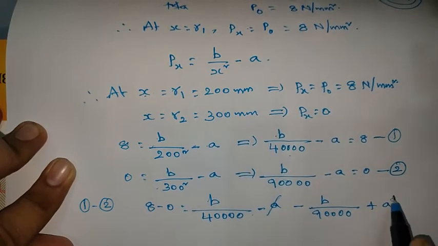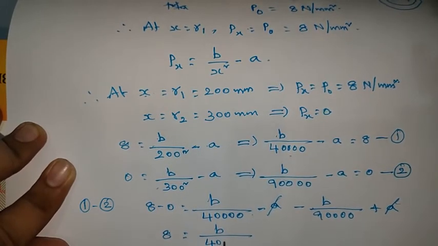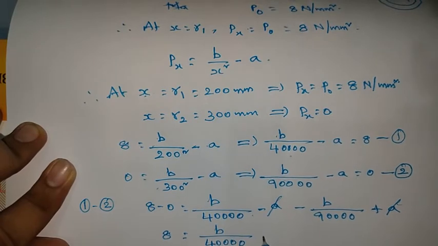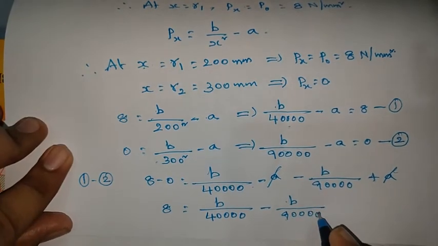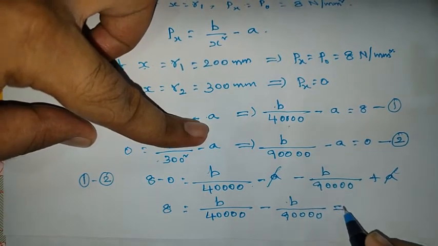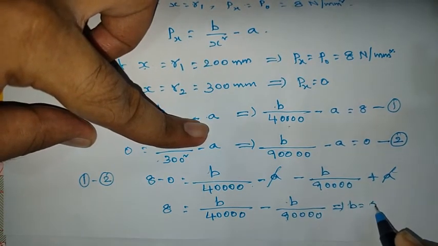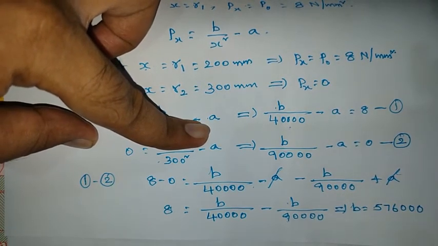So a will be cancelled. Then what you get? 8 is equal to b by 40000 minus b by 90000. So if you solve this, we will get the value of b as 576000 is the value of b.